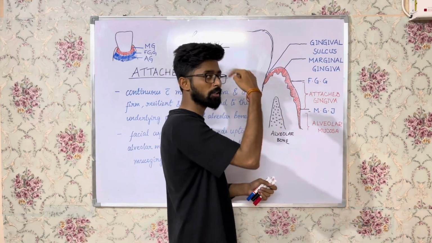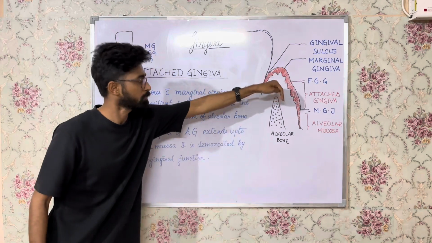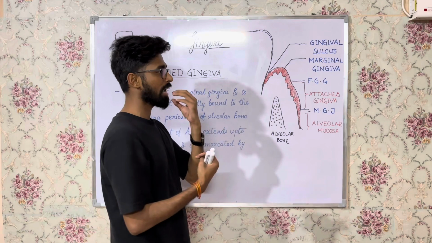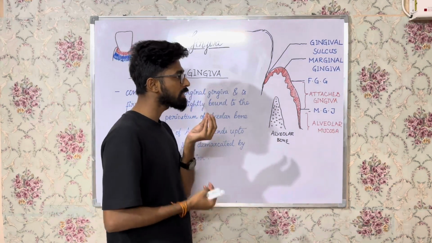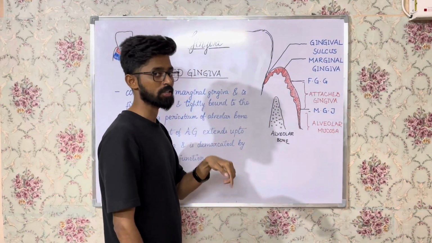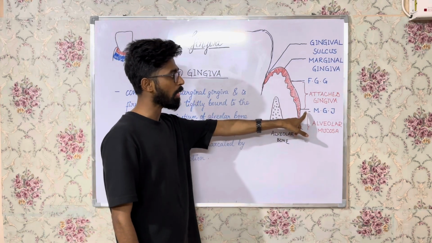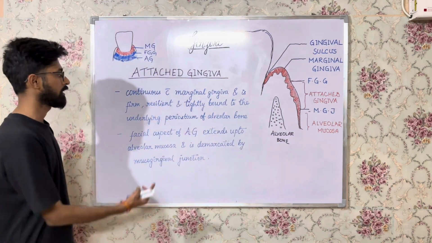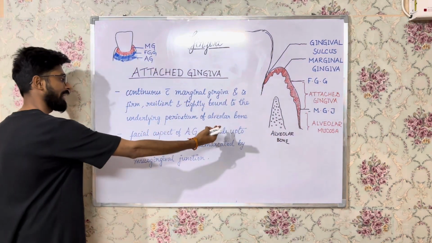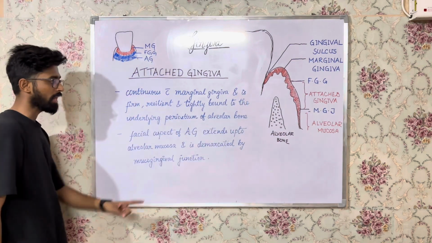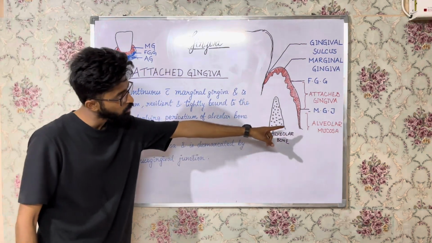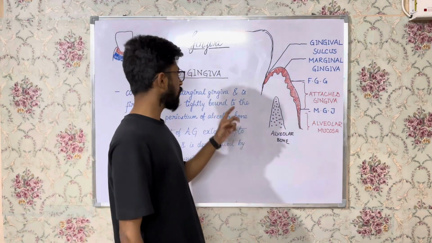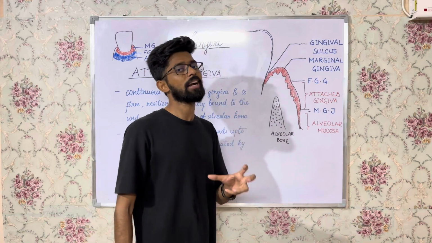The facial aspect of the attached gingiva extends up to the alveolar mucosa, and it is demarcated from the alveolar mucosa by the mucogingival junction, MGJ. Now, one important topic in attached gingiva is the width of the attached gingiva.